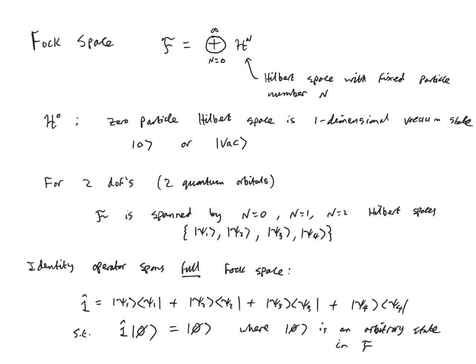Okay, what does this actually look like for the case of our two orbital system? Well, we can just write it out in terms of the occupancy of the individual orbitals. Which takes a bit of time to write out, but let's just do it once.